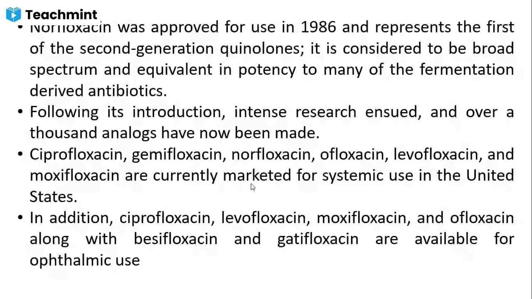So the first agent of the fluoroquinolones is norfloxacin, approved in 1986, the first drug of the second generation quinolones. It is considered to be broad spectrum and equivalent in potency to many of the fermentation derived antibiotics.